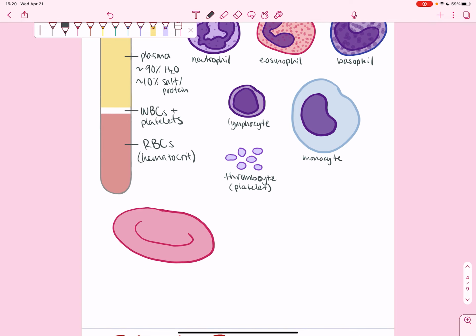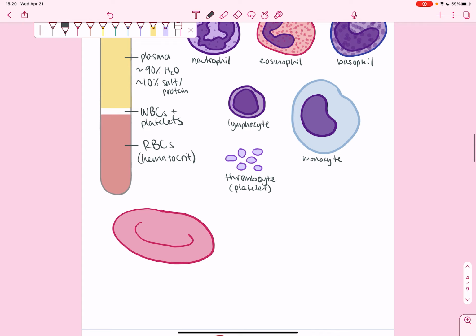Okay, so platelets are, I'll get into blood clot formation later on, but platelets themselves are just cell fragments of megakaryocytes. That's the most important thing I can say right now.